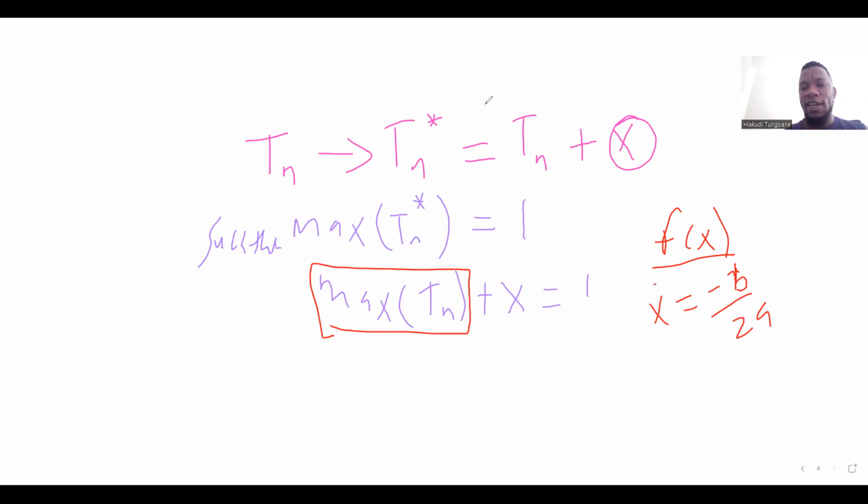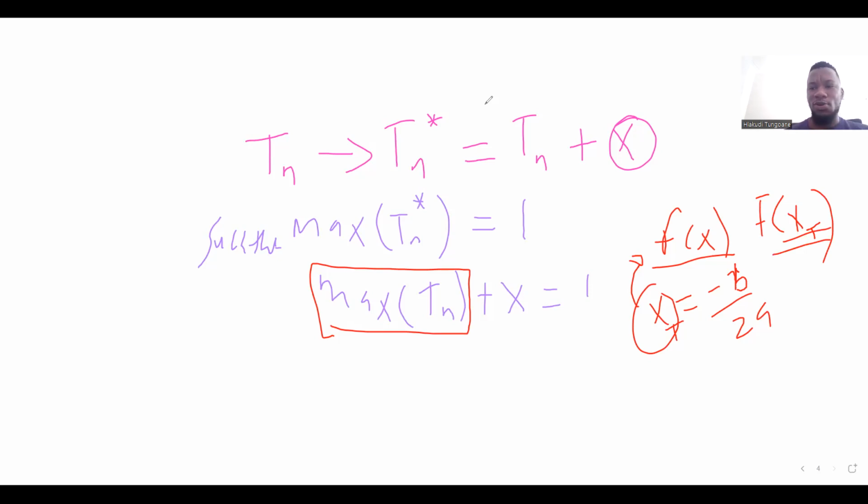Once you have that x of the turning point, xt, f of xt is essentially your maximum.